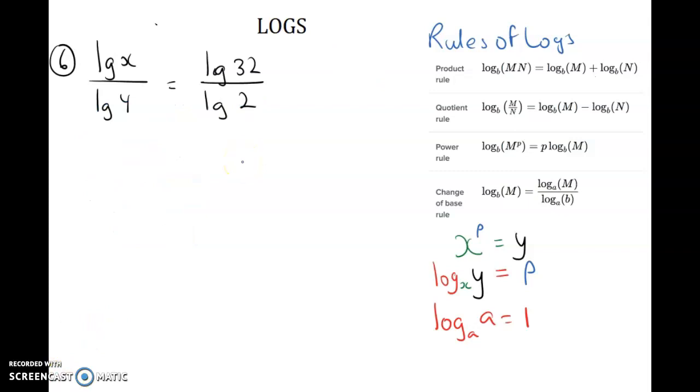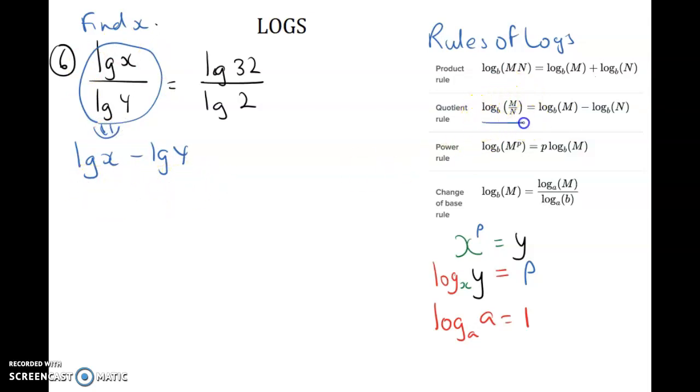Sixth question here. Now, if I was asked to find x in a question like this, some of you might say, okay, miss, I'm saying log of x over log of 4 is equal to log of 32 over log of 2. Okay, miss, so this is the same as the quotient rule. So you might say, okay, miss, I'm going to write this, right? This here is equal to this. Now, actually, guys, that is not true, right?